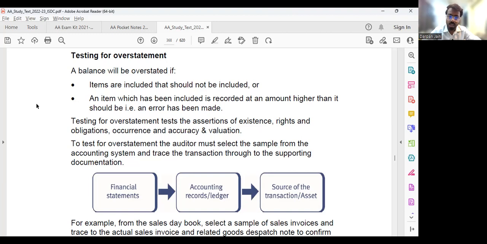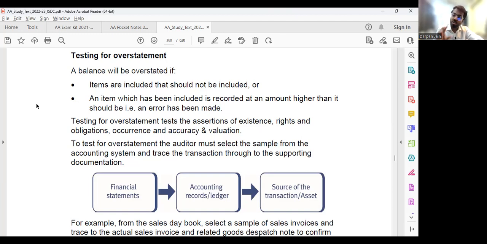Okay, next, to test for overstatement, the auditor must select the sample from the accounting system and then trace that transaction to the supporting documentation. What was the direction of your testing? You started from the financial statements, with the balance sheet. From the balance sheet, you went on to the fixed asset register, the non-current asset register.